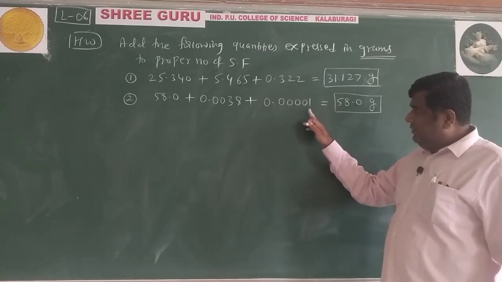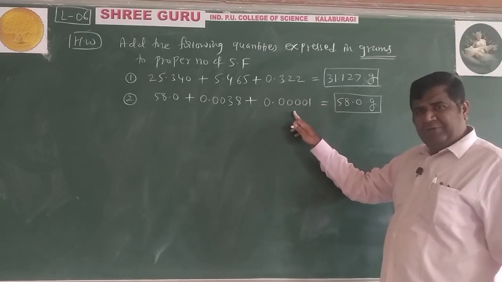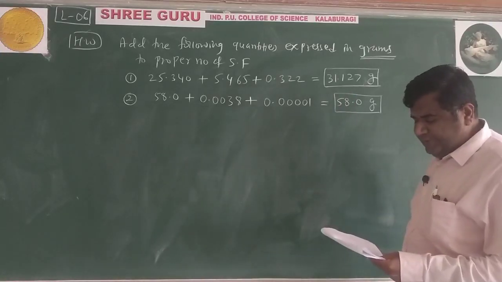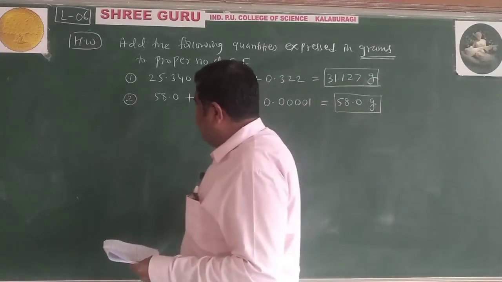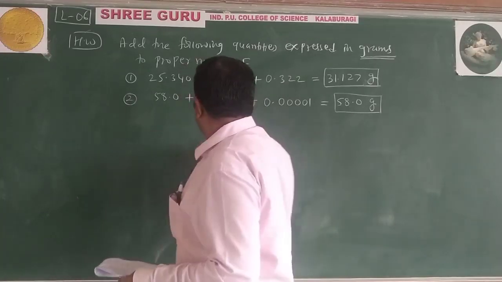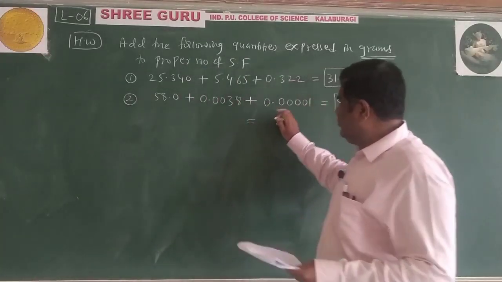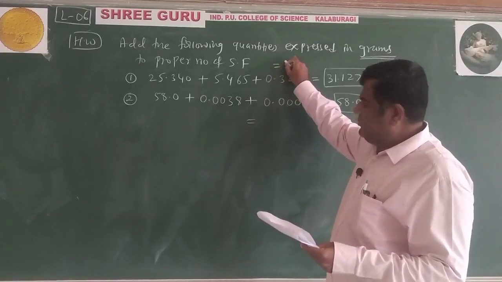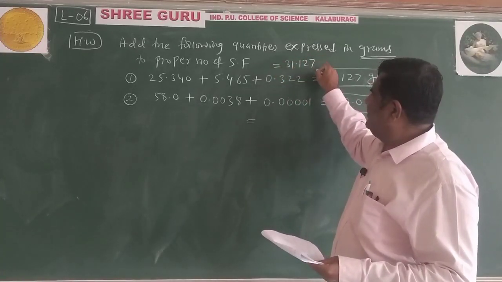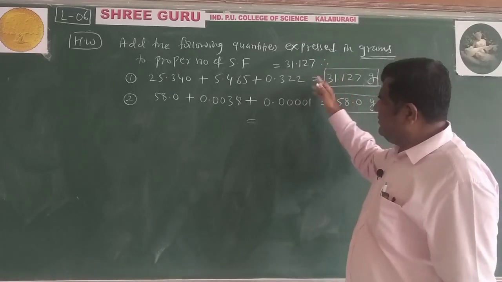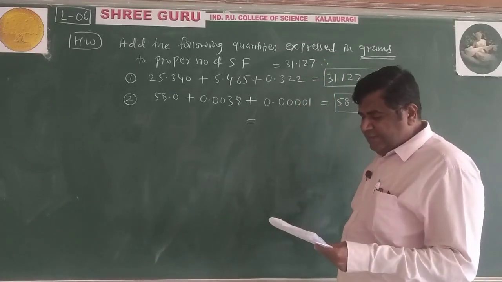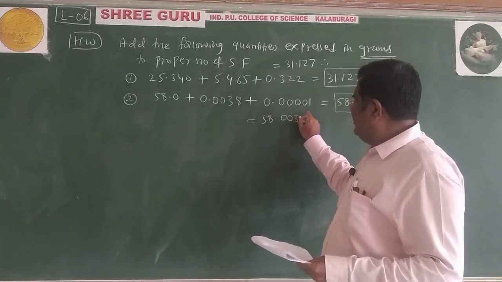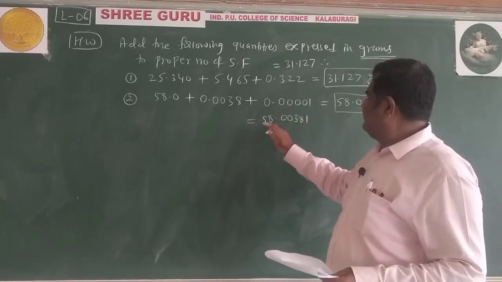I have not written what answer we got; I have written what it is rounded off to. Now, I'll just write it is equal to, so that you can verify that also. It is equal to 31.127, and that's why this is the answer, because anyway 3 decimal places. What we will get here is 58.00381, and that's why this is our answer.